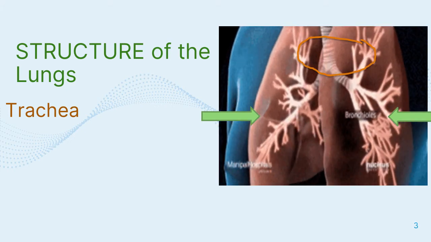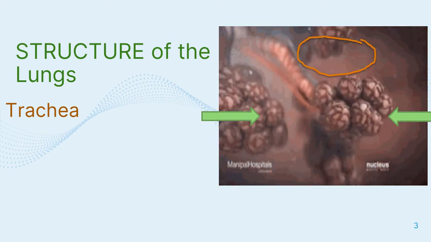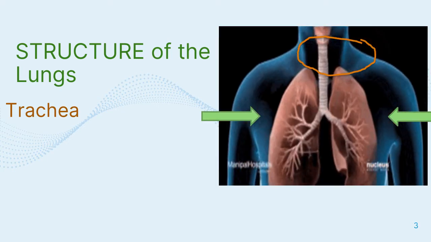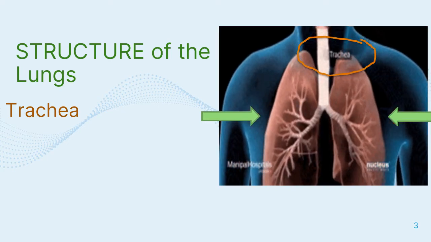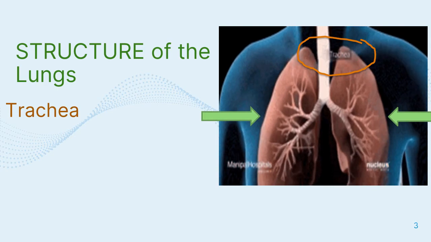The trachea or the windpipe is a part of the respiratory system that branches out into two tubes called bronchi.